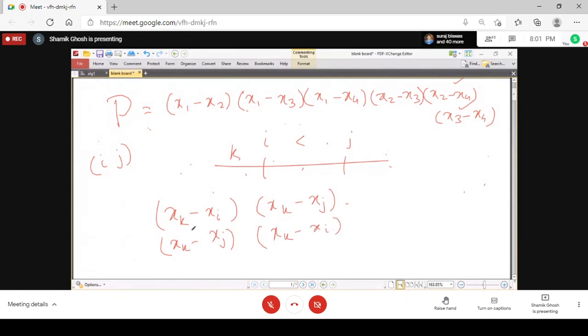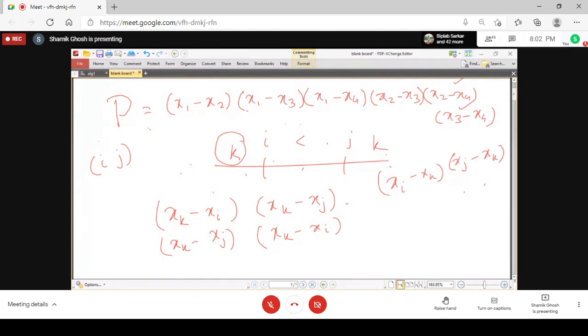So actually there is no change for all the k that are less than i and also less than j. For all of them, there is no change of sign. If k is greater than both i and j, then we had two factors, xi minus xk and xj minus xk.